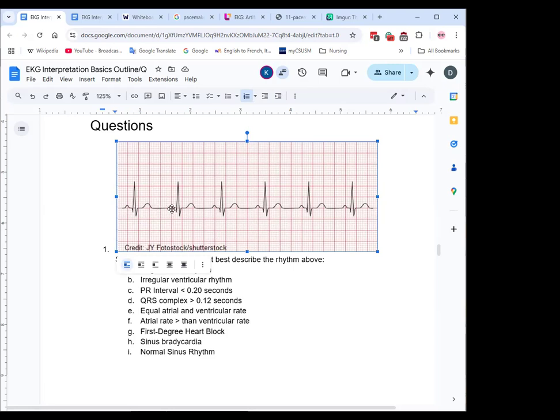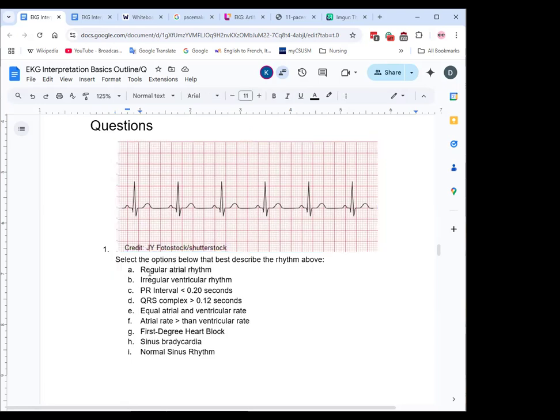That PR interval is within normal limits, and it doesn't seem to increase at all. Very consistent. Then we can check the P to P, looking good. So we can definitely say it's A.